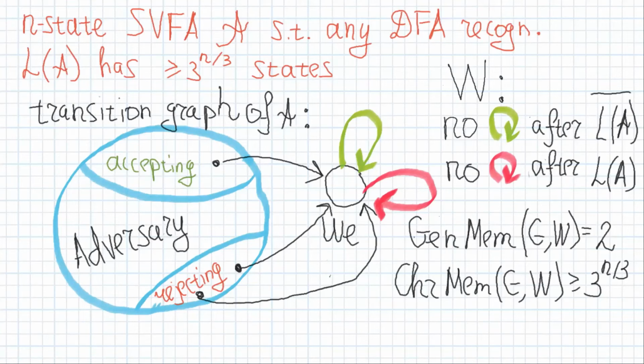So it means, since we can realize any word from the language and from its complement, that there are no two words such that one is from the language and the other is not, such that our memory comes into the same state on these two words. And this means that we can use our memory as a deterministic finite automaton that recognizes our language.